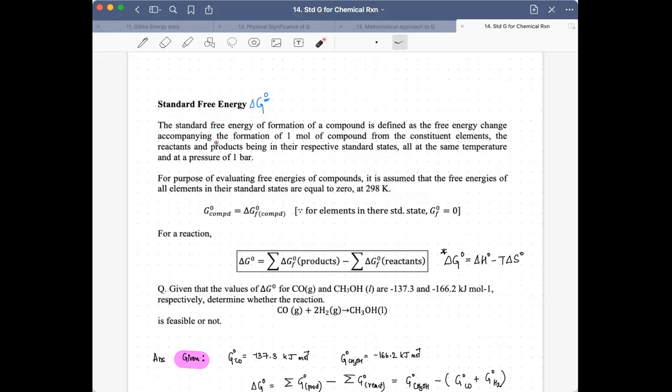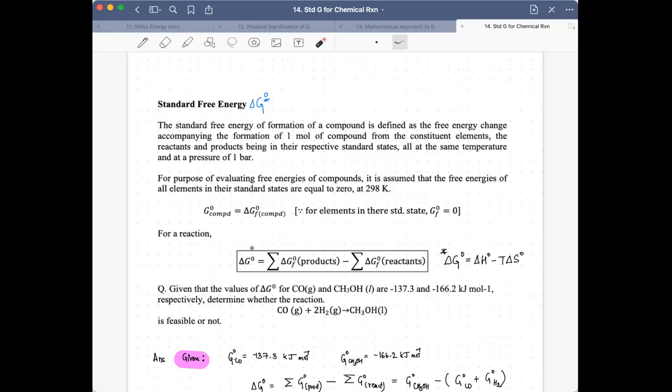Okay, we understood. Now, what do you mean by standard conditions? Whenever a reaction is done in such a way that the reactants and products are in their respective standard states and the pressure is 1 bar, then whatever delta G we obtain corresponds to the standard state.